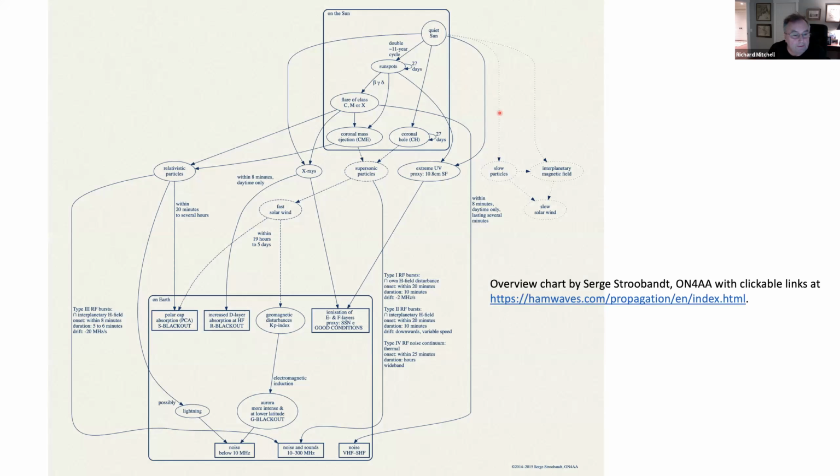Like everything else, it is a lot more complicated, again, than my simple explanation. And there's a very good chart here by Serge Strubankt, where the reference is there, which is clickable, that shows you in great detail what happens when various events occur, which types of flares you get.